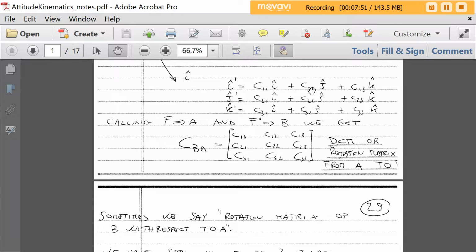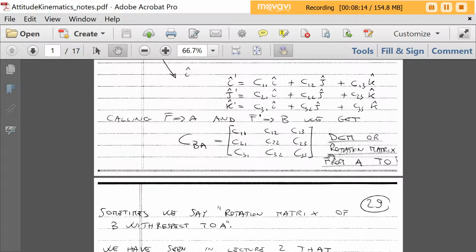So let's see. What we have here is now a bunch of numbers, these cosines. There are 9 of them, of course, and I call them C11, C12, C13, etc. And so I can put them into a matrix, which is my direction cosine matrix or rotation matrix that goes from A to B. Because if you want to look at things this way, you start from the right and go to the left.